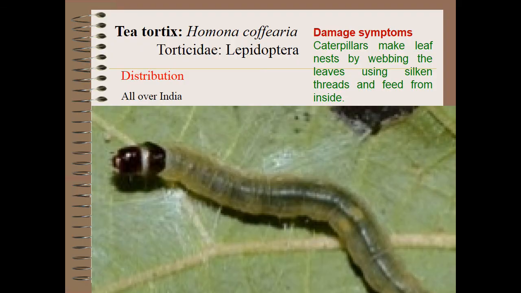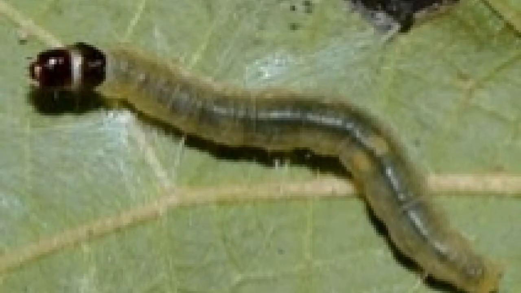Then tea tortrix, Homona coffearia, Tortricidae, Lepidoptera. The damage symptom is that the caterpillar makes a leaf nest by webbing leaves using silken thread and feeds from inside. A single caterpillar makes several cases.